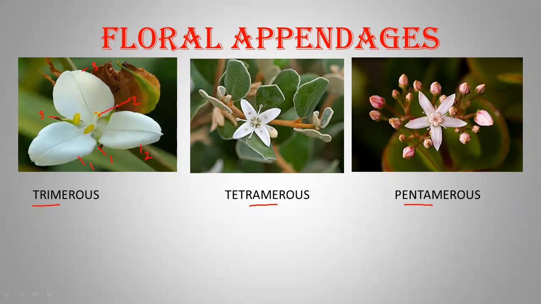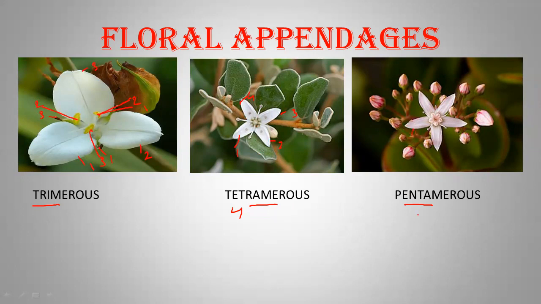Androecium is 3, 1, 2, 3. So the floral appendages are in multiples of three, and the flower is trimerous. Same for tetramerous, which means 4. So 1, 2, 3, and 4. So floral appendages are in number 4 or multiples of 4.